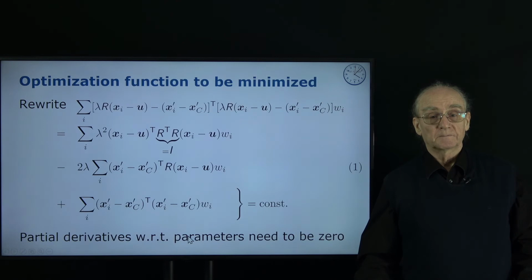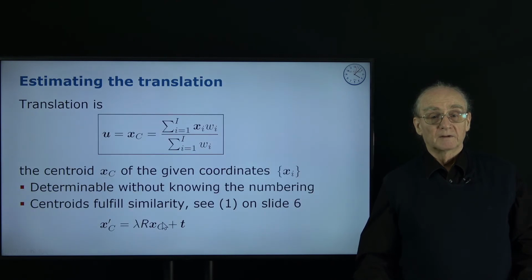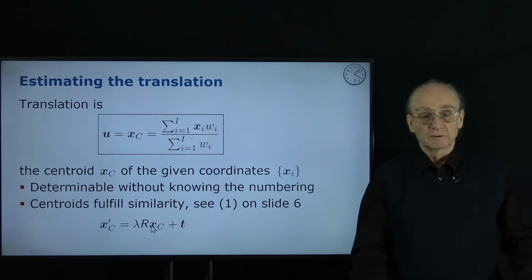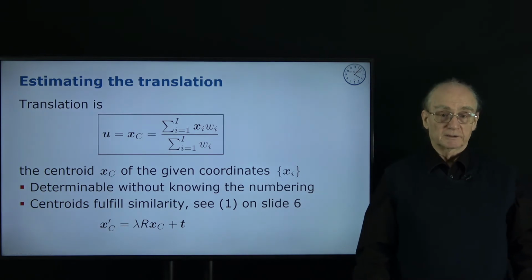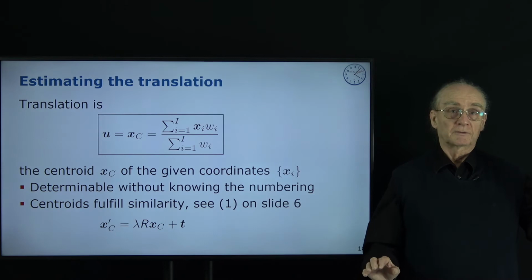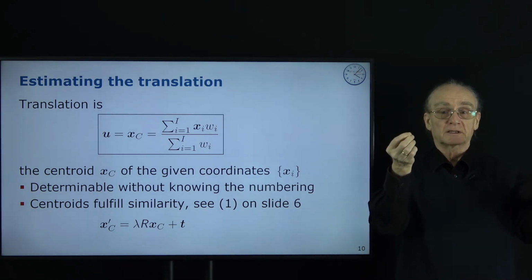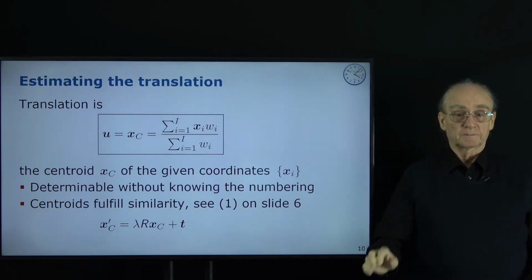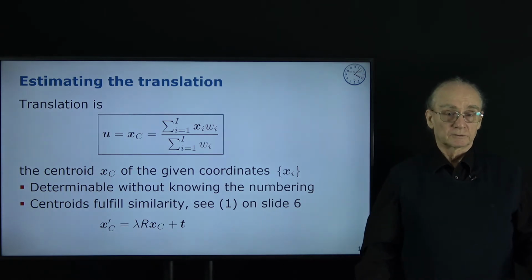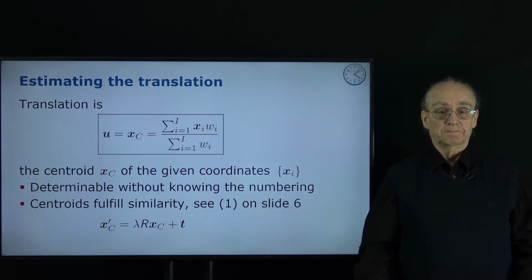That means the centroids fulfill our similarity. This is very important. If you have a centroid on the given side and on the observed side, the centroids actually transform into each other. They are, so to say, a fixed point of that similarity. So this was the translation. Now we can use this if we need.